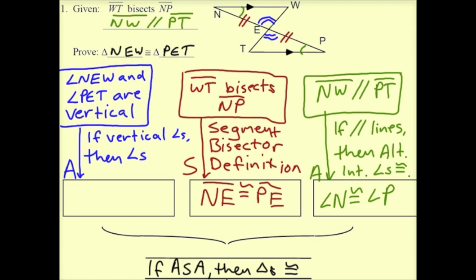So those vertical angles are always congruent, which means angle NEW is congruent to angle PET. And so there's our proof. We're done. Just scroll down a little bit so you can see everything.